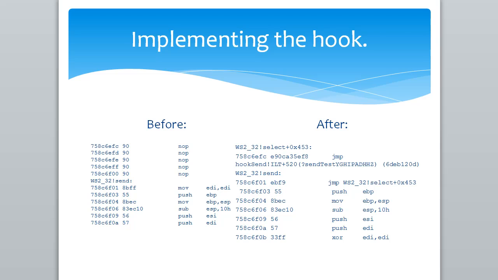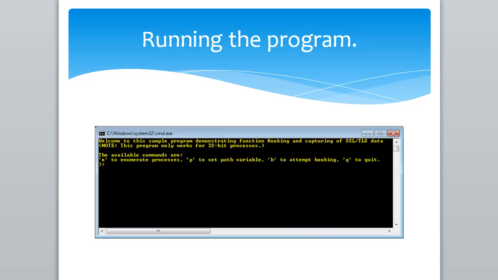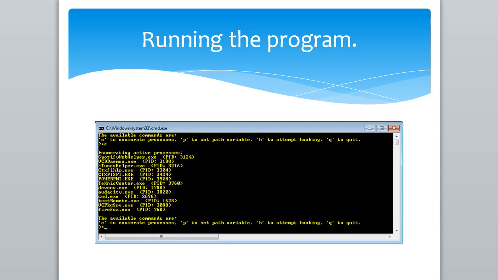When running the program, you will be greeted by this welcome screen, which will allow you to enumerate processes, set the path variable, attempt hooking, or quit the program. If you first try to enumerate the processes, you will be given a list of the active processes along with their process ID. This makes it easier to select the process ID of the process that you want to hook.